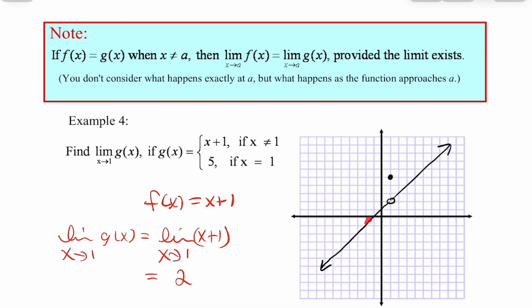Aren't we approaching a height of 2? So we are able to just use a simplified version. Now that's helpful when we have some fractions that can reduce. Let's say we have a fraction where the denominator gives us a hole. Where there's a hole, we can reduce it. We can then stick in a number and it will be okay. Because it's just a graph with one missing piece. We don't care about that missing piece if it's what we are approaching.